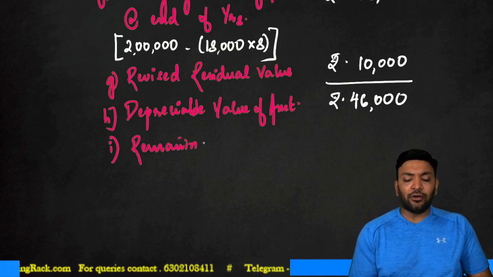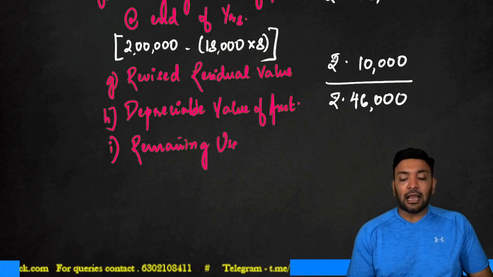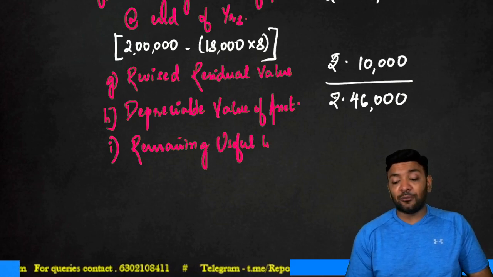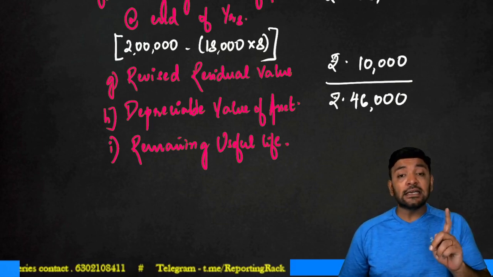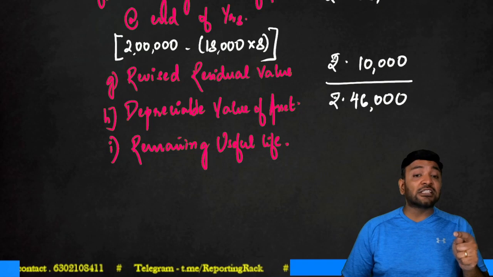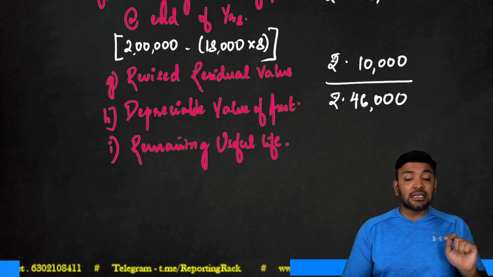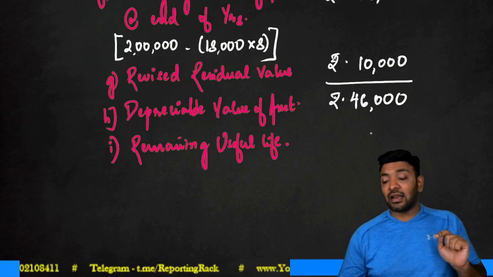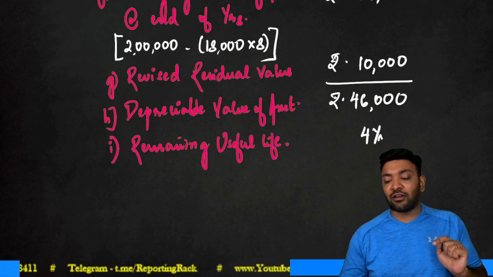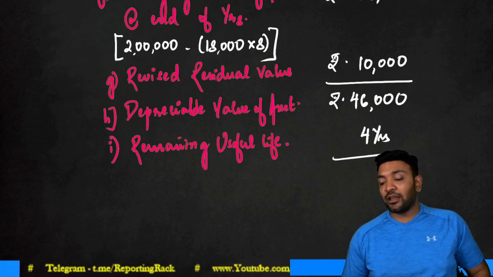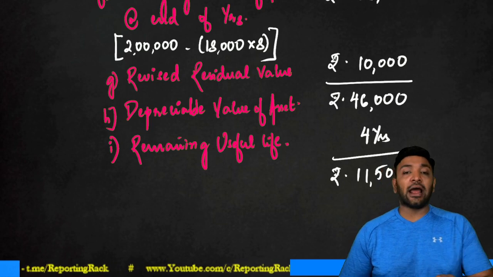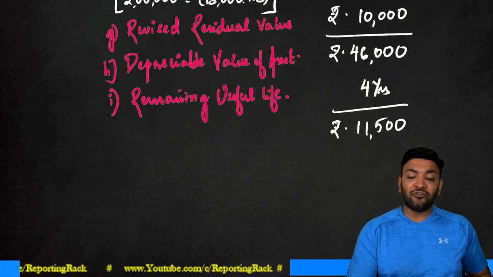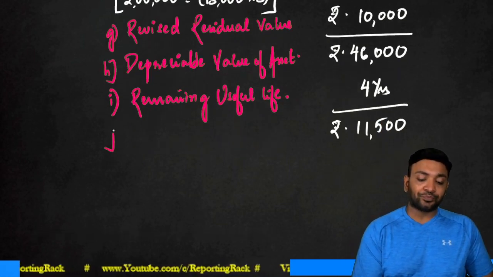At the end of 8th year, actually your useful life should have been 2 years, because the total useful life was 10 years. But now they have revised the useful life to 12 years. Since I'm at the end of 8th year, I can expect the remaining useful life is 4 years. Therefore, the amount of depreciation to be charged is 11,500 per annum.